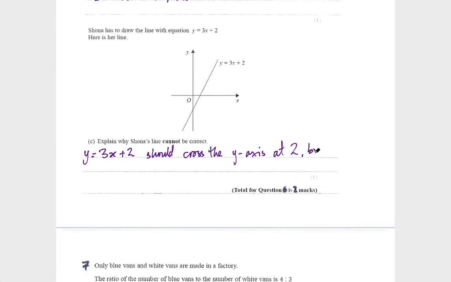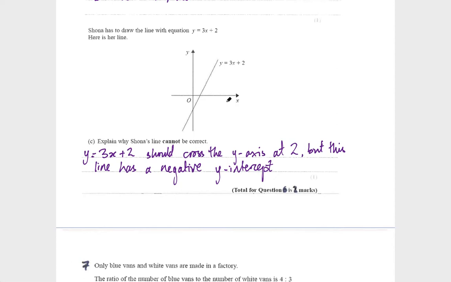So I'll say, but this line has a negative y-intercept. There are lots of different ways of explaining this, but it is important to show that it's the negative thing. It's the fact that it's below the x-axis, or that it's in the negative region, that tells you that it's definitely not 2.